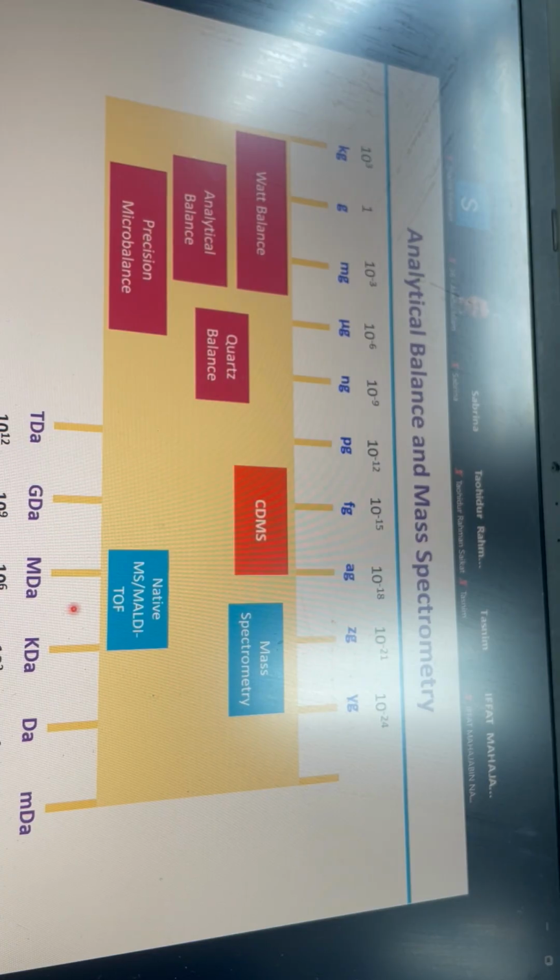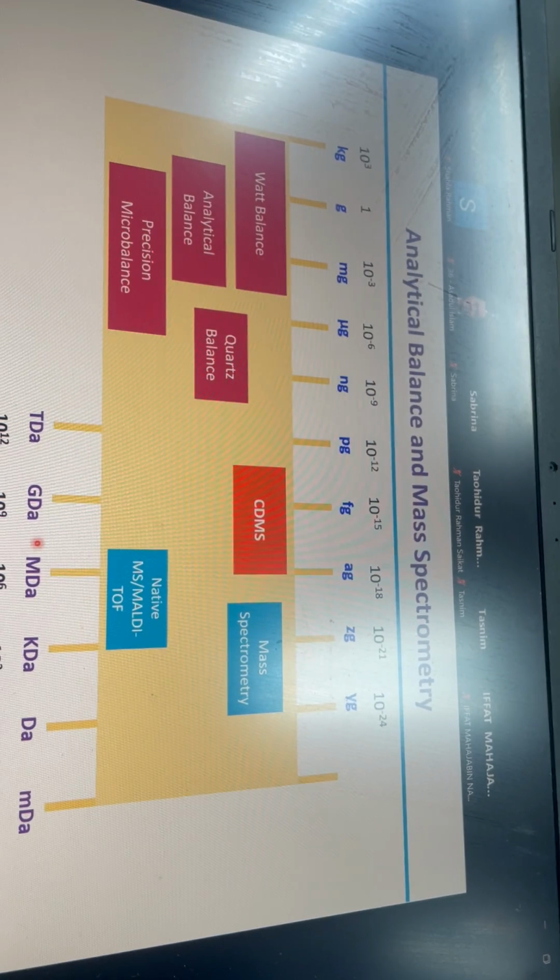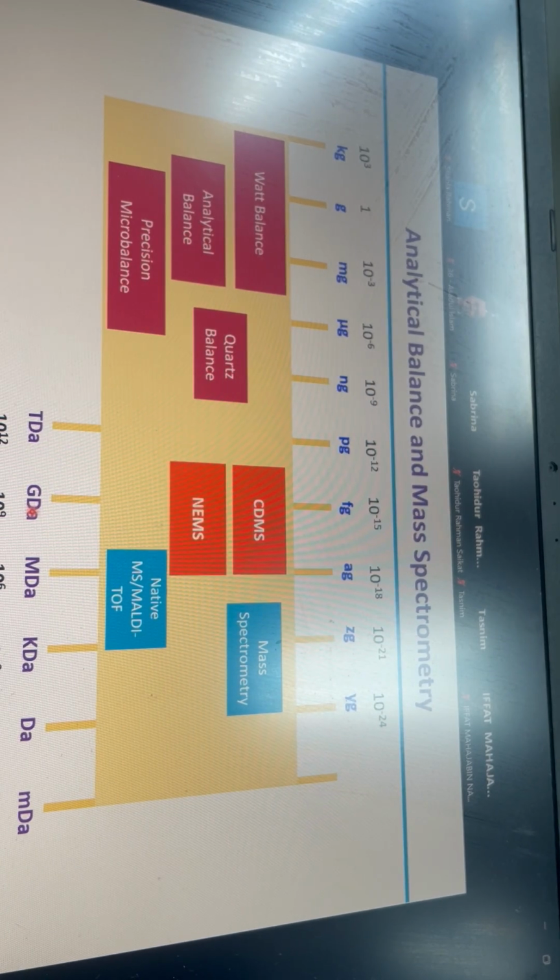And then we have CDMS, charge detection mass spectrometry, that can measure megadalton to gigadalton. And then we have NEMS, the nano electromechanical resonator, that can measure mass up to gigadalton. So these are the high mass measurement instruments, and this is the low mass measurement instrument for single molecules.